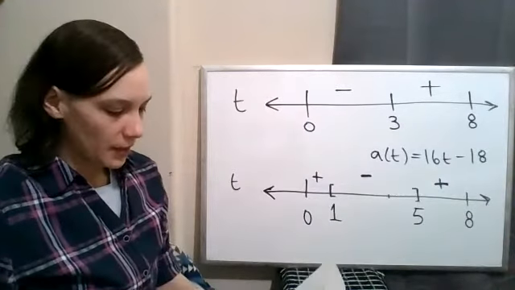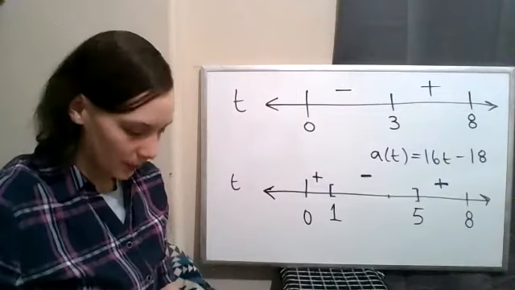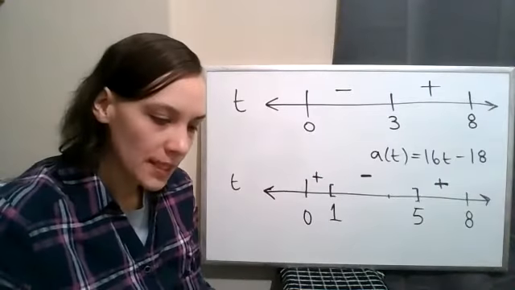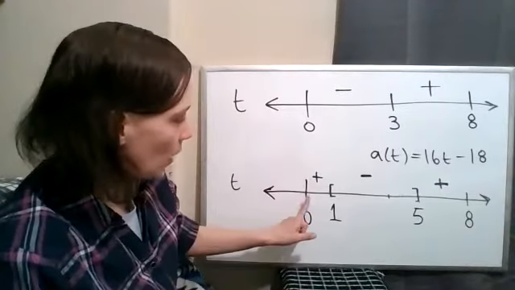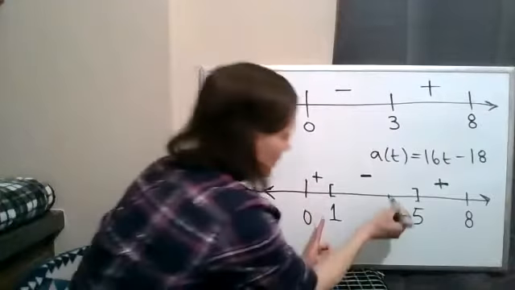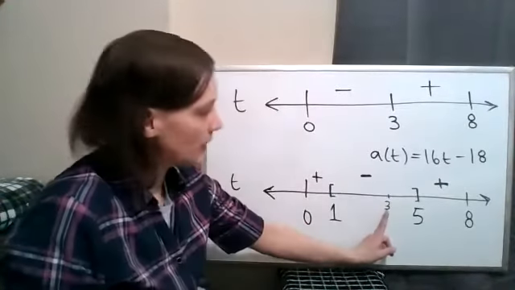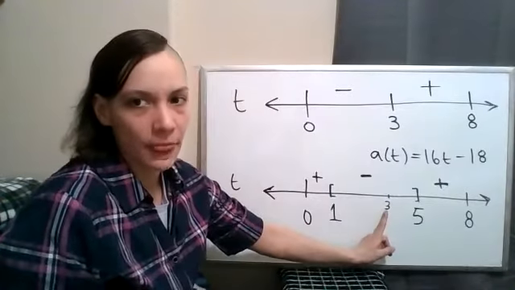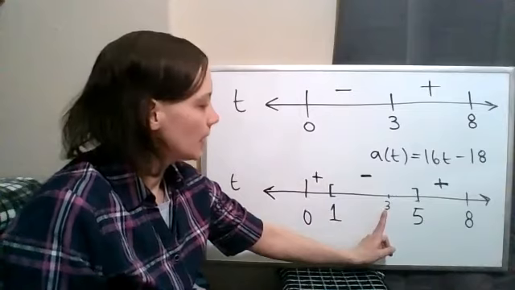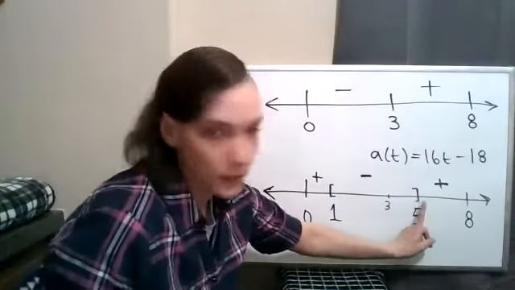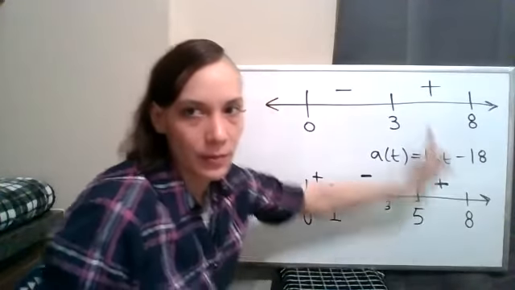So first you're going to talk about speeding up. Speeds up from the intervals 1 to 3, where we have the same sign. And also from 5 to 8, where they're both positive.